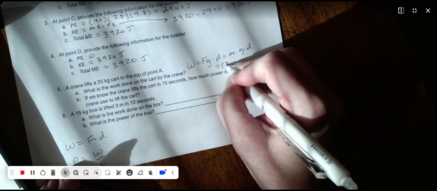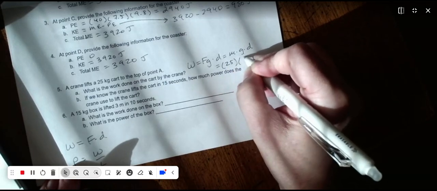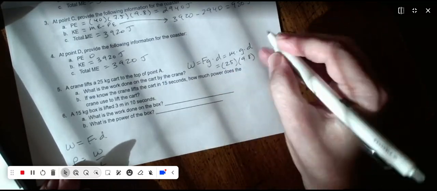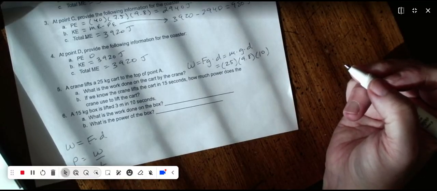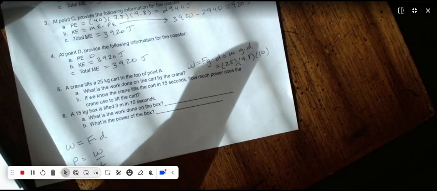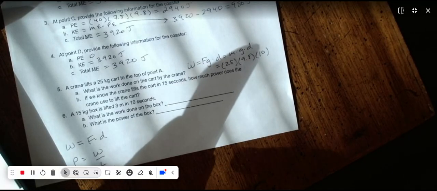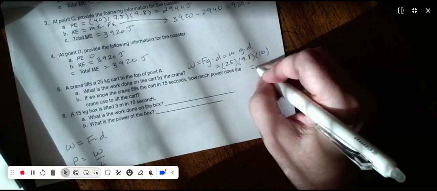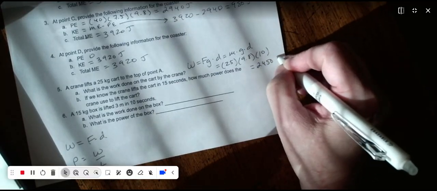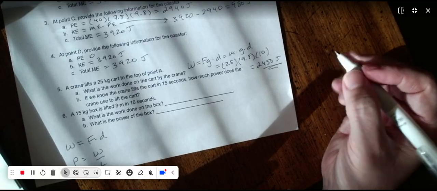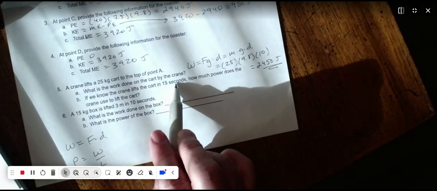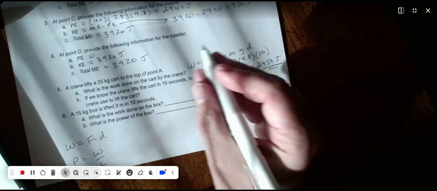So we've got a 25 kilogram cart, 9.8 for G, and then 10 meters for D. So our work is going to be 25 times 9.8 times 10 is 2,450. And that's joules. Work is in the same units as energy. They're both joules.